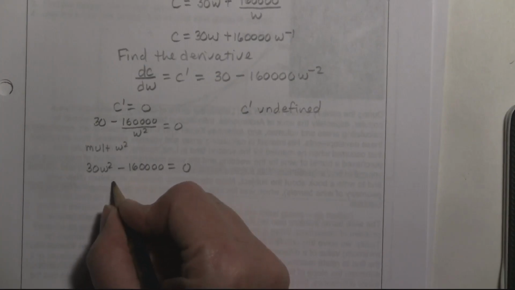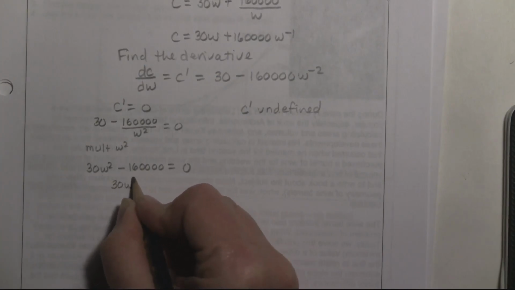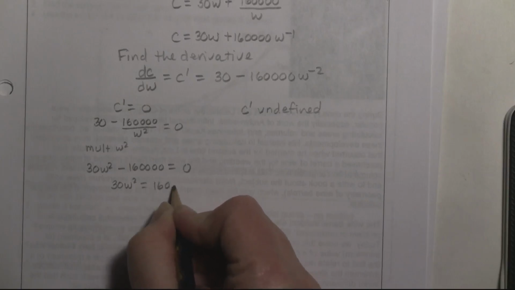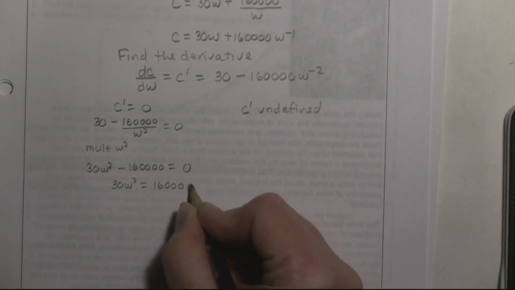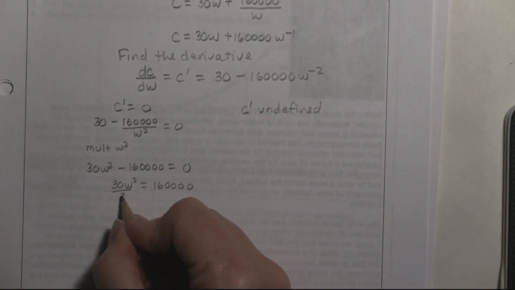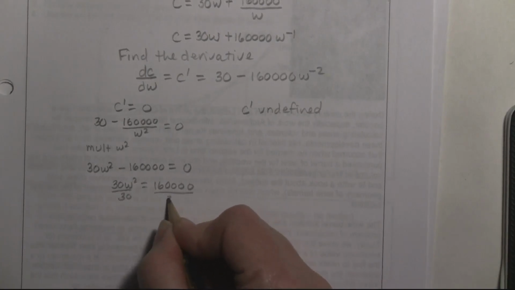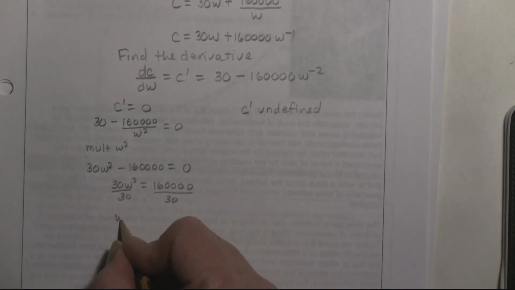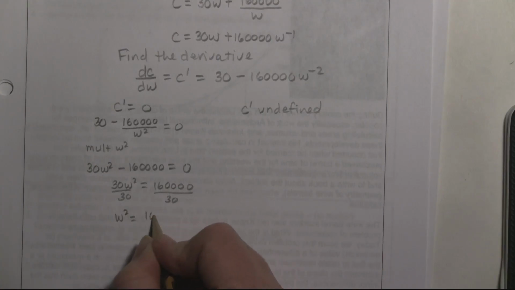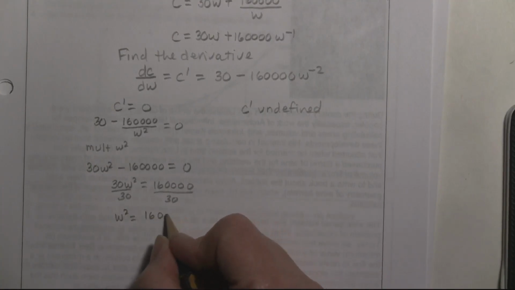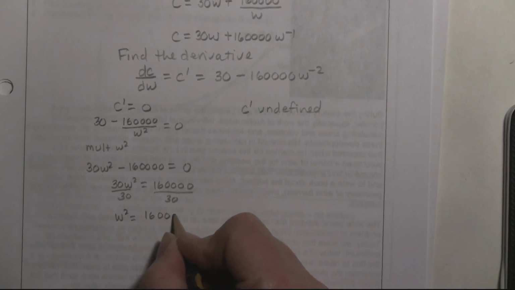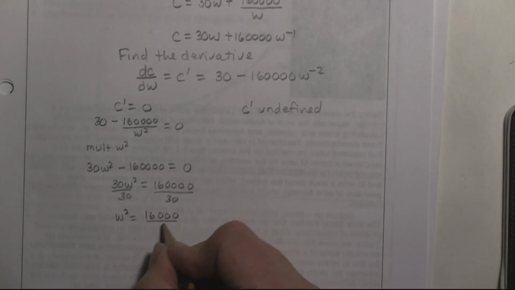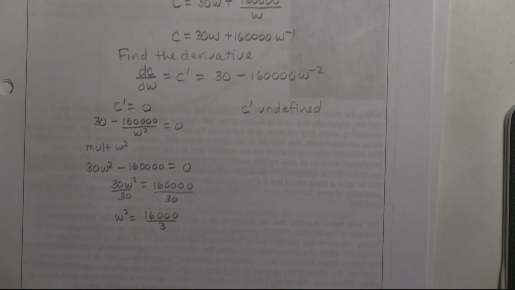So this is going to be 30W squared equals 16 with 4 zeros. And then I'm going to divide by 30. And I'm going to get W squared equals 16 with 3 zeros over 3. I just reduced by 10.